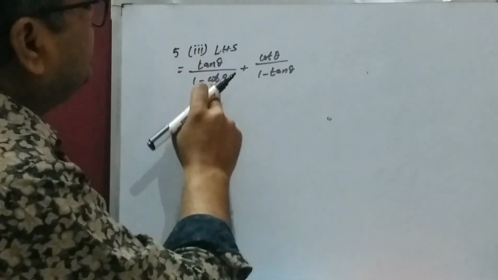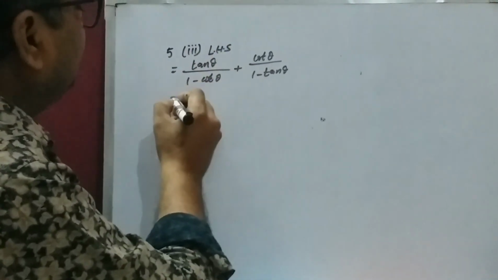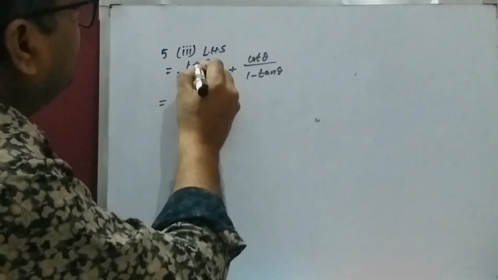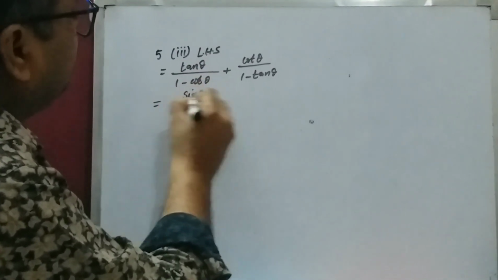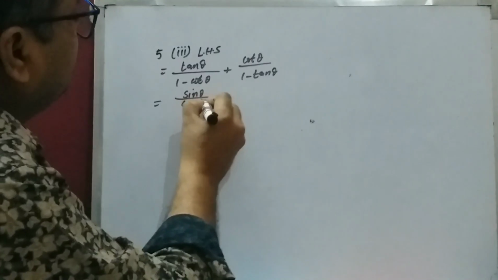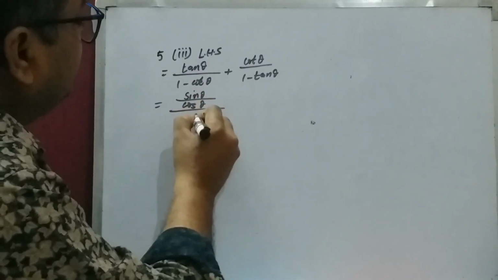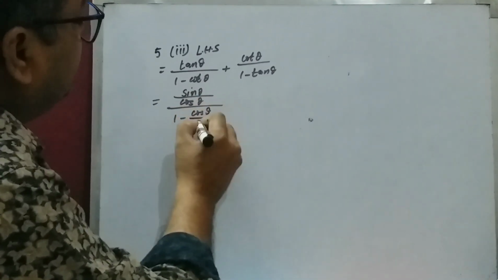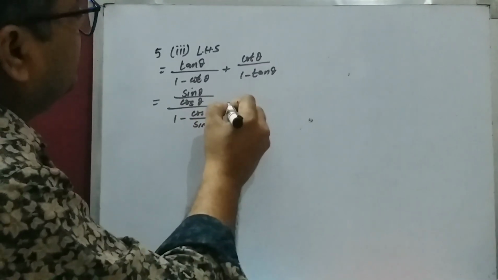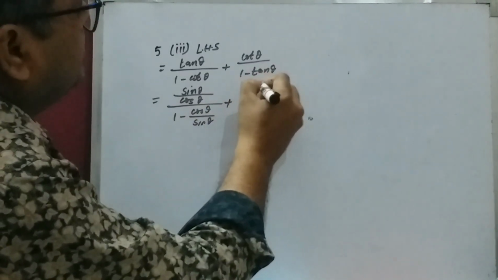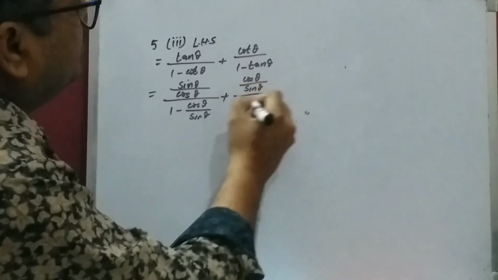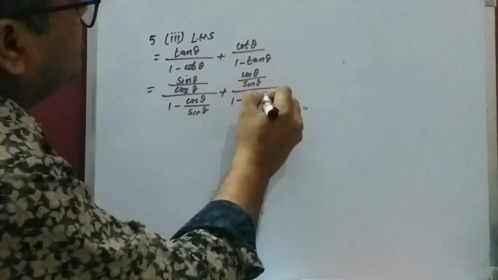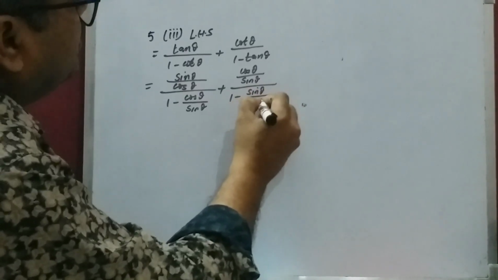Convert these tan theta and cot theta in the form of sine and cos. So you will write here sine theta by cos theta, and here 1 minus cos theta by sine theta. And similarly this is cos theta by sine theta, 1 minus sine theta by cos theta.